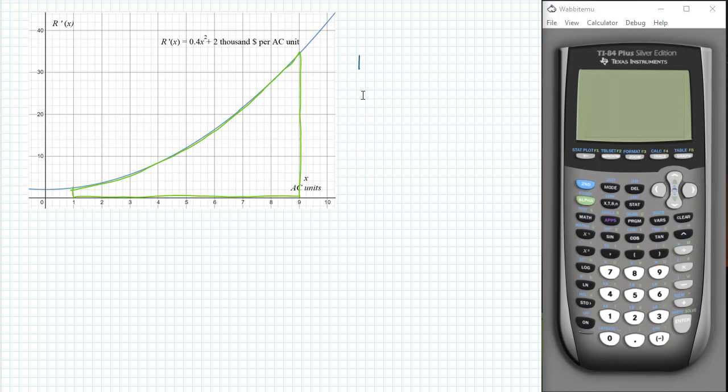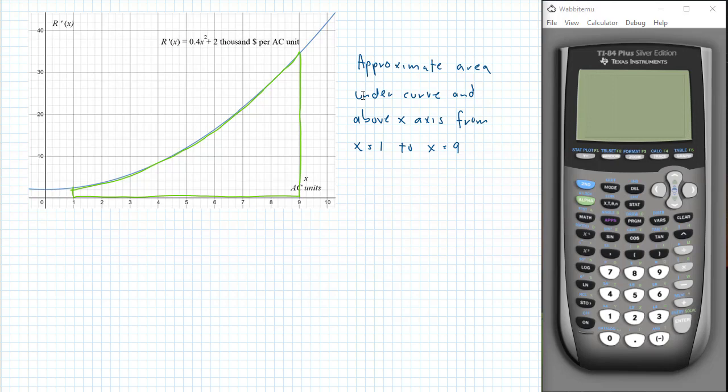We're going to approximate the area under the curve and above the x-axis from x equals 1 to x equals 9.